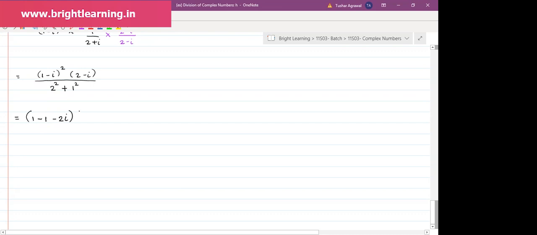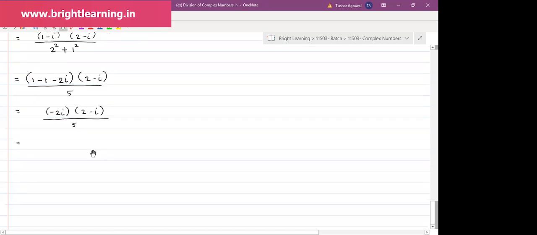I wrote the expansion directly. No doubts? And this will be upon 5. So it is actually negative 2i multiplied by 2 minus i upon 5.